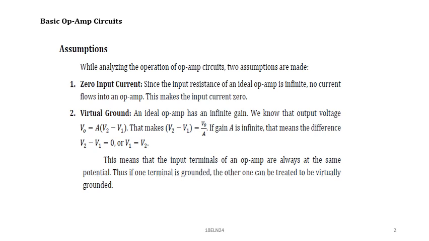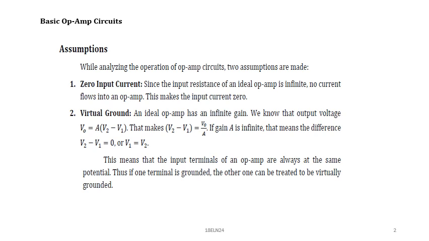And the second assumption is called the virtual ground. The important concept here: as we know, the ideal op-amp has infinite gain. The gain of an ideal op-amp is very high, or it is infinite. So we know that the output voltage V0 is equal to A times (V2 minus V1), where V2 and V1 are the voltages at the non-inverting terminal and inverting terminal.